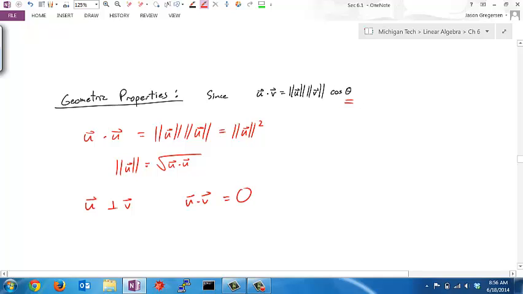So now we have a test to see if these things are perpendicular or not. So this one calculation, the dot product, or as we're going to generalize it, the inner product, gives us the properties we need to talk about distance and geometry and vector length. It tells us how to tell if vectors are perpendicular. We just check their dot product to see if it's equal to 0. It also gives us a way to measure vectors just by doing this dot product calculation.